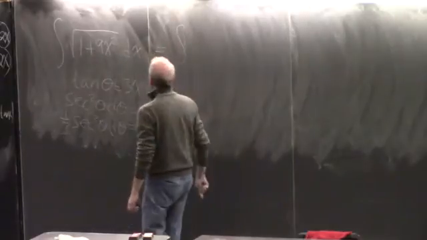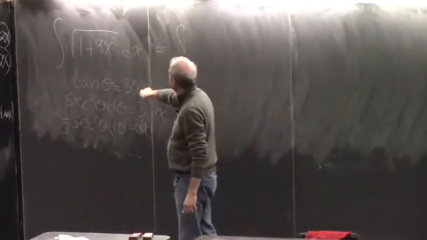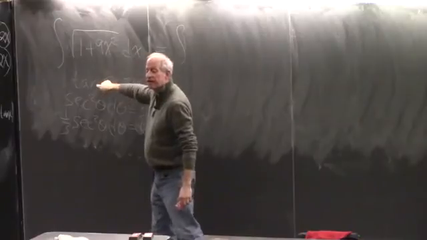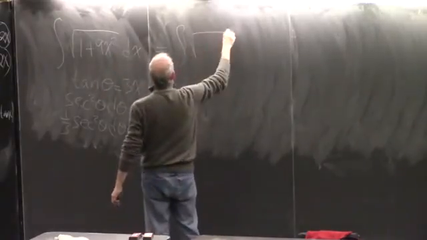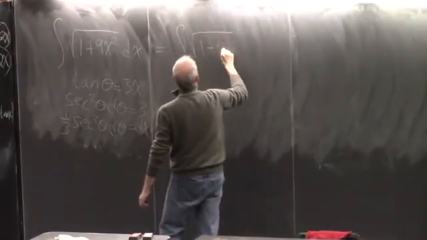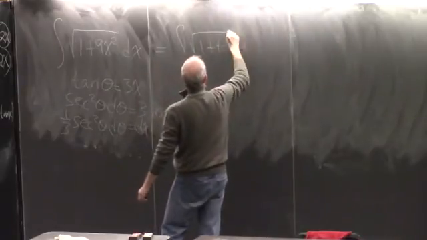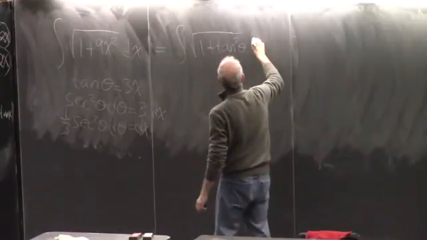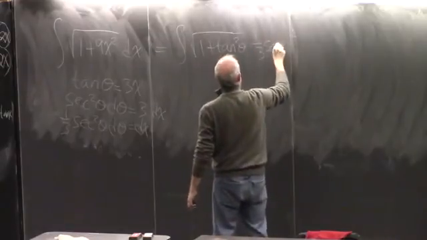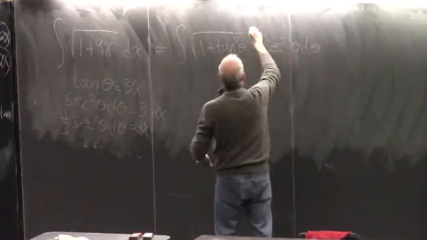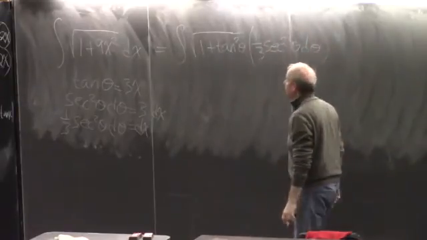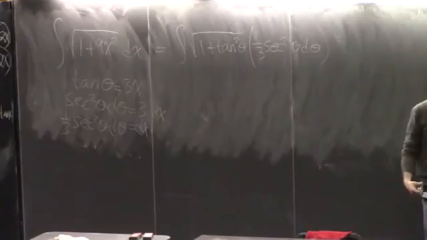Now, why would I do that substitution? Well, now, if 3x is tan theta, then tan squared theta is 9x squared, and that would become the square root of 1 plus tangent squared. And then for dx, I put 1/3 secant squared theta d theta. And we'll spend more time on these on Wednesday.